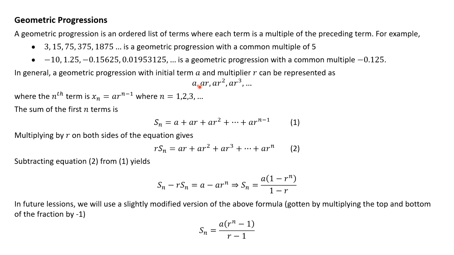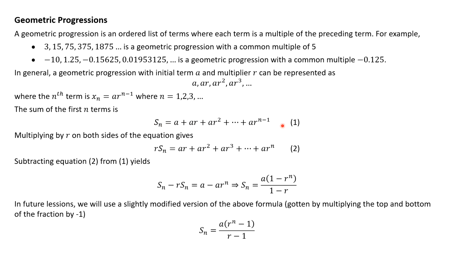The general format is shown here. a is the first term, then a times the common multiple r is the second, and then a times r squared, and so on. The nth term would be a times r to the n minus 1. We can also develop a formula for the sum of the first n terms, which I've written out here.